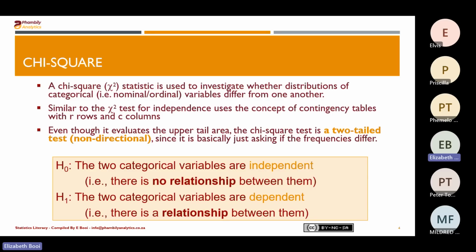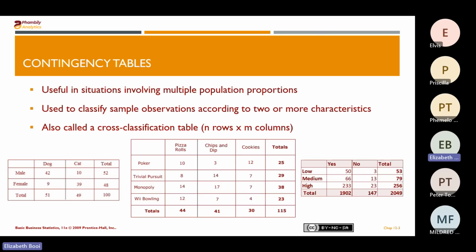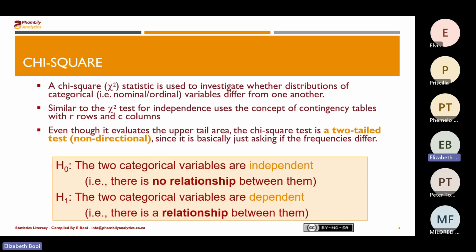Or, looking at the previous example, gender and the type of animal: in the null hypothesis you can say gender and the type of animal are independent. In the alternative, you will say gender and the type of animal are dependent.